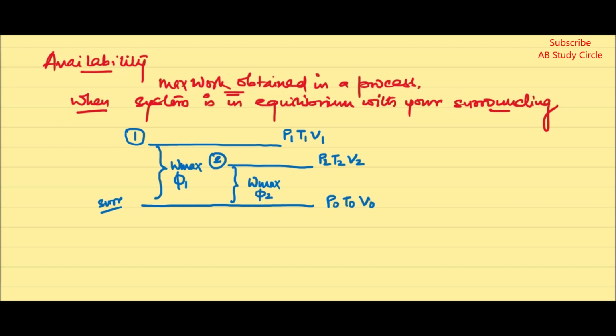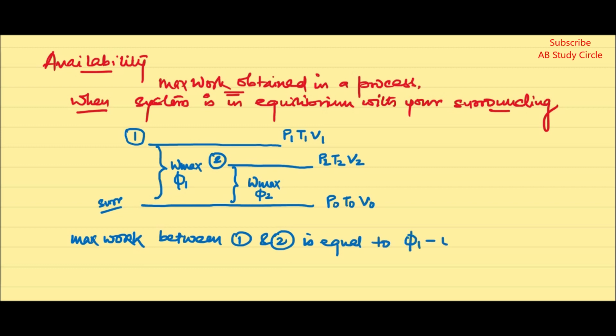Now the maximum work between states 1 and 2 is equal to phi 1 minus phi 2, and this is known as change in availability.